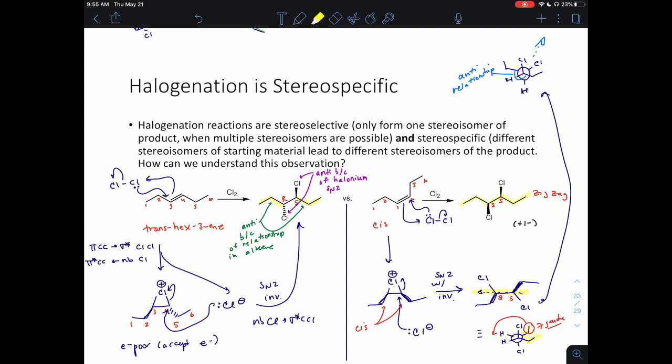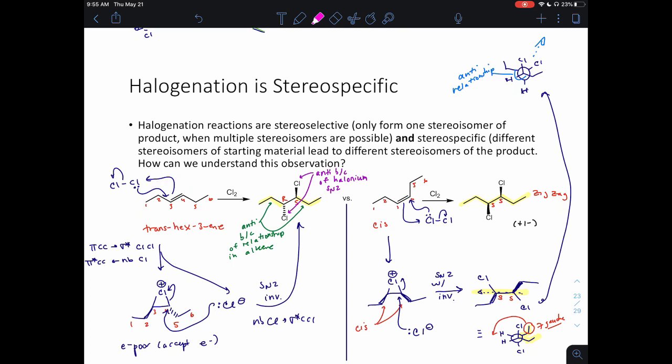Okay, so let's just make sure you have the point of this page, which is that different stereoisomers of the reactants lead to different stereoisomers of the product. And that makes this a stereospecific reaction.